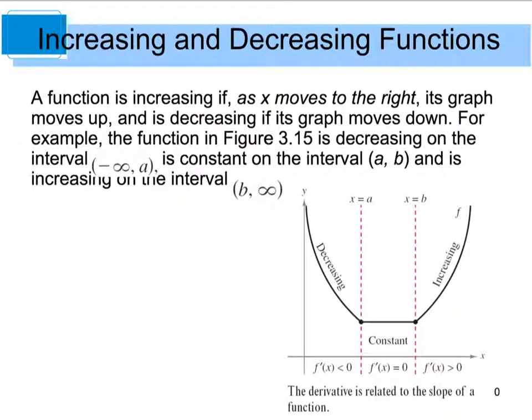So as we're going from left to right, if the graph moves up, our function is said to be increasing. So something like this scenario right here, as we're going from left to right, our function is increasing. If I go from left to right and my graph is going down, then we say our function is decreasing on this interval. If we have a flat portion of the graph or no change, then we say that our graph is constant on that interval.